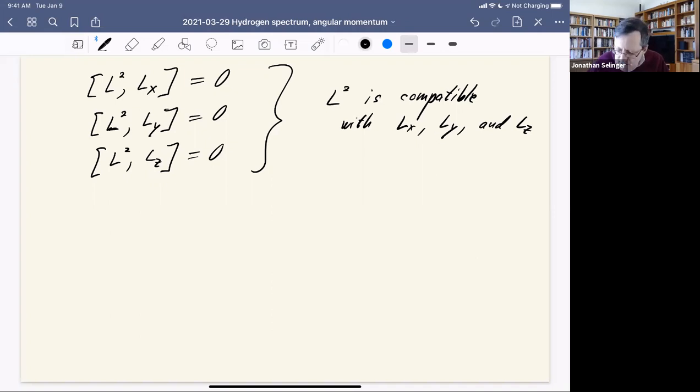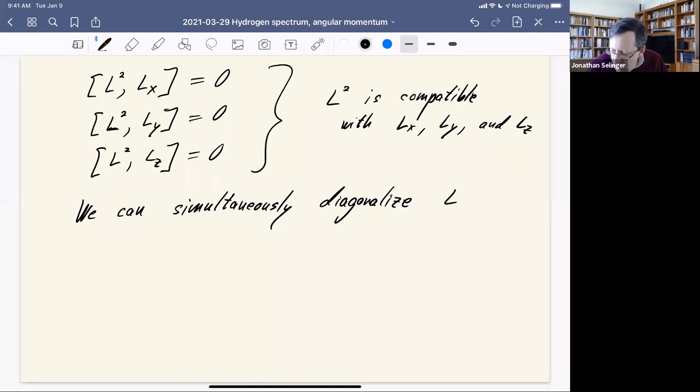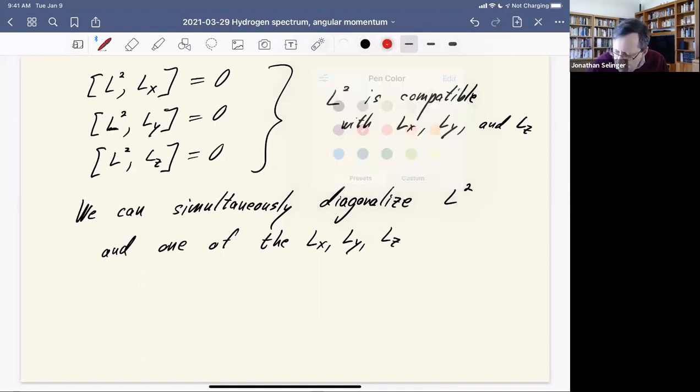So that means we can simultaneously diagonalize L squared and one of Lx, Ly, Lz. The word diagonalize, I can't remember if I've used that this semester.